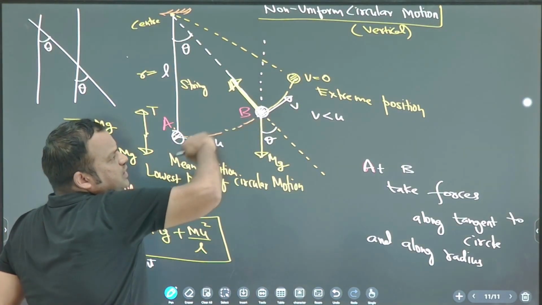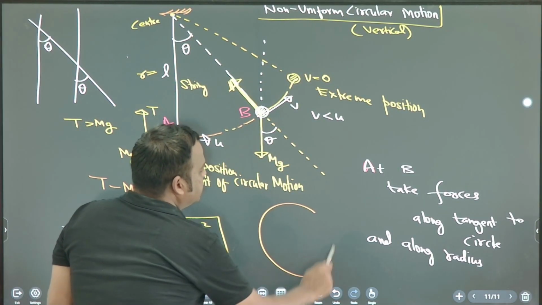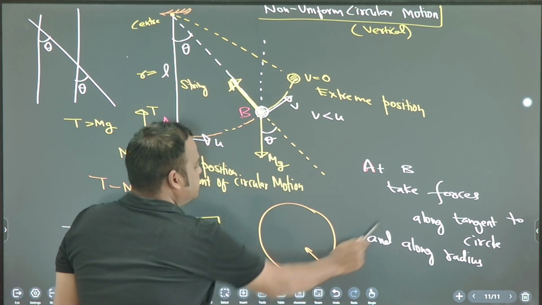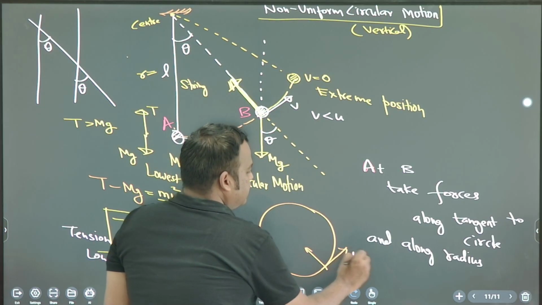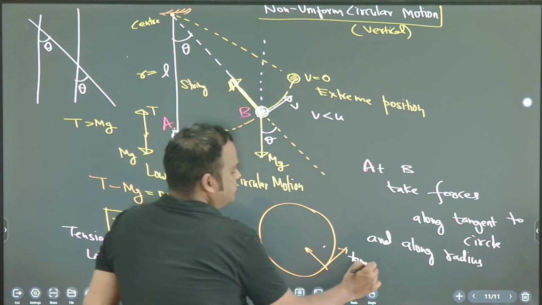Perpendicular to the radius means tangent, or you can say radial and tangential. This is what direction? Radial. And this is what direction? Tangential. So in circular motion we consider only these two directions.